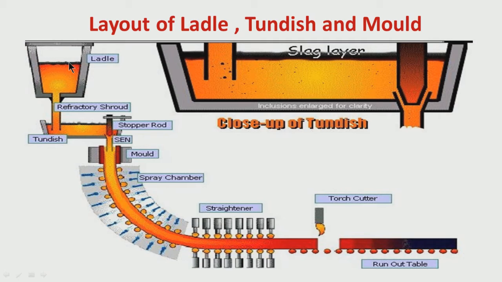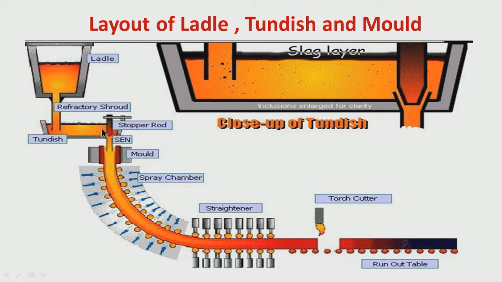A ladle may be 150 ton or 200 ton, one ladle can contain maybe 250 ton, maximum 300 ton. But when the ladle is emptied, the liquid steel comes down into the tundish, this ladle will go, another ladle will come here, but the tundish will remain. That is what continuous casting is. There will be several ladles, one after another, and liquid steel will get poured into the tundish.